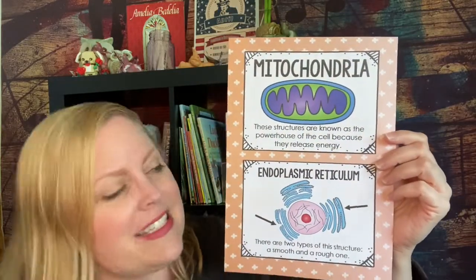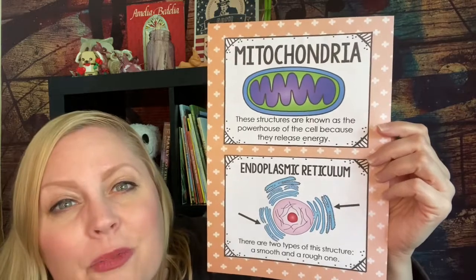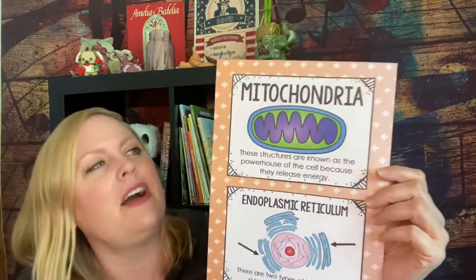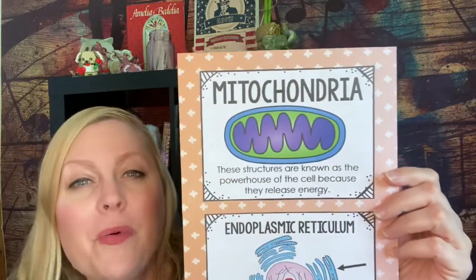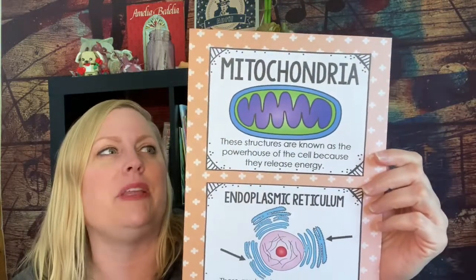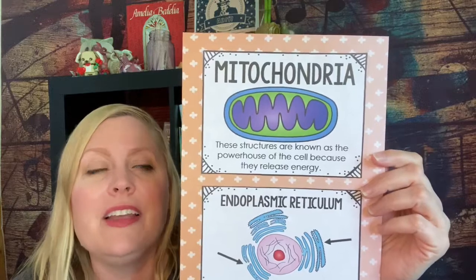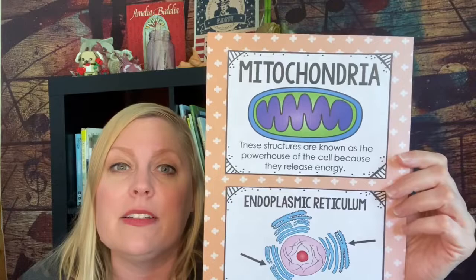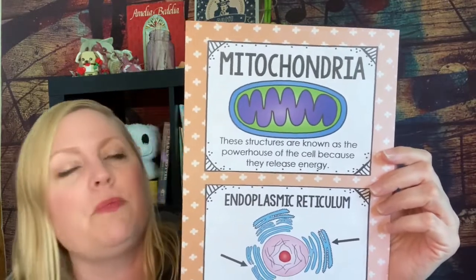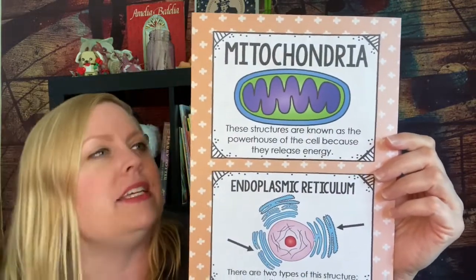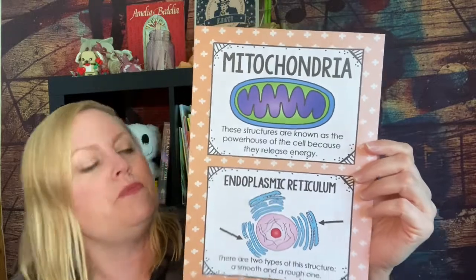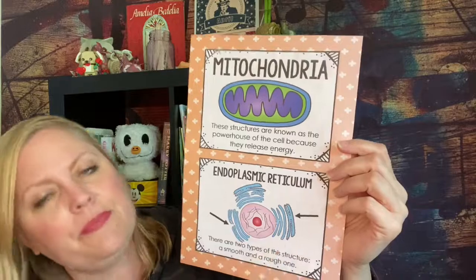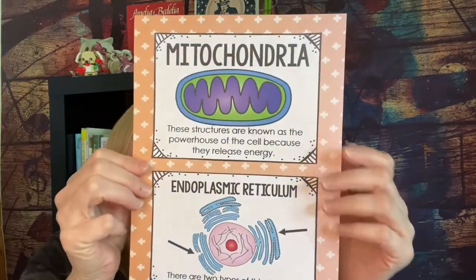Mitochondria and endoplasmic reticulum. The mighty mitochondria are the powerhouses of the cell because they use oxygen to transform all the food into energy for the cell. It helps the cell carry out all of its activities. The smooth, rough endoplasmic reticulum. So isn't that interesting?